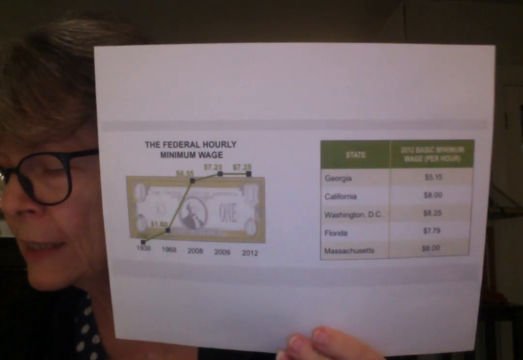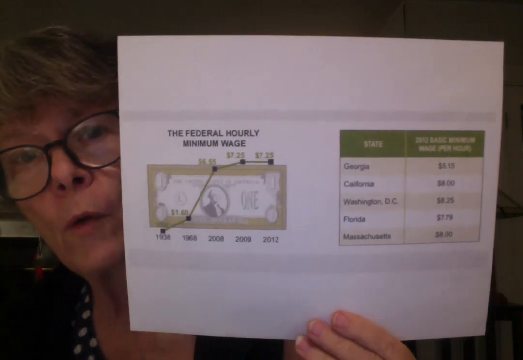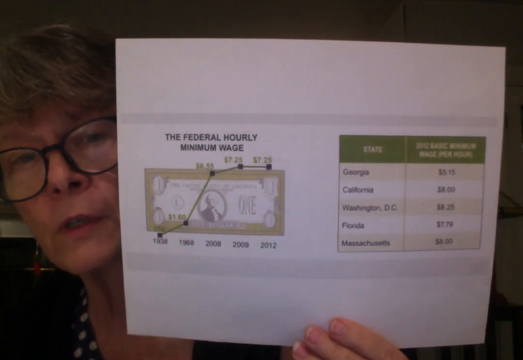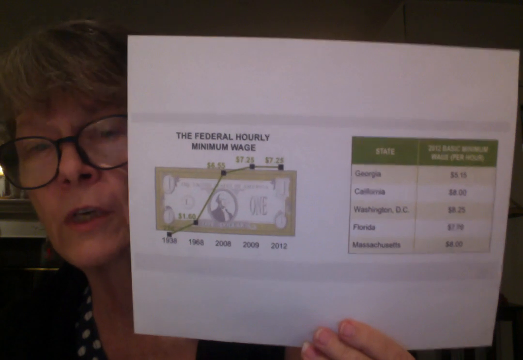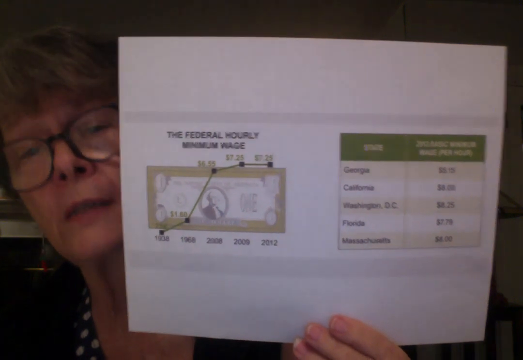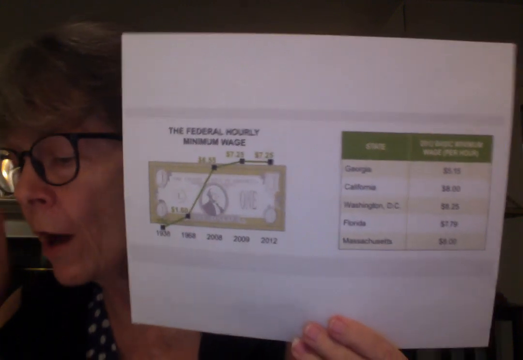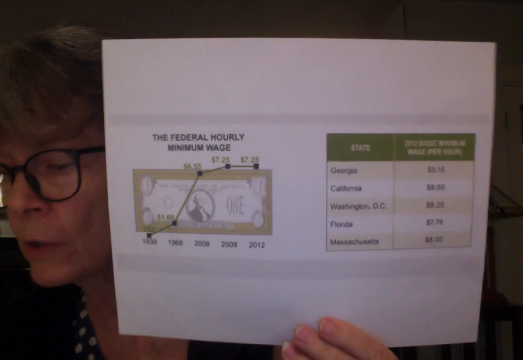A says business ventures affect minimum wage. Well, do we see anything on either of these visuals about different kinds of businesses? No, we just see federal government, state government, and minimum wages. So A cannot be inferred from the information on these two visuals.